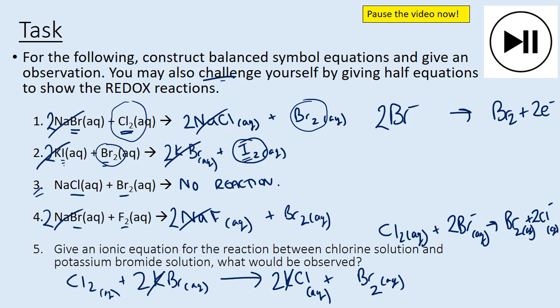That's showing the oxidation of the bromide. Now the reduction of the chlorine is the opposite. It's gaining 2 electrons. So 1 electron for each of the chlorines to become 2 chlorides. So that's showing reduction and that's showing oxidation. Okay?